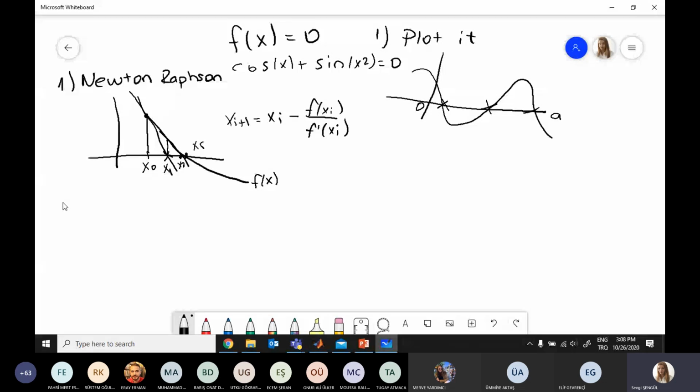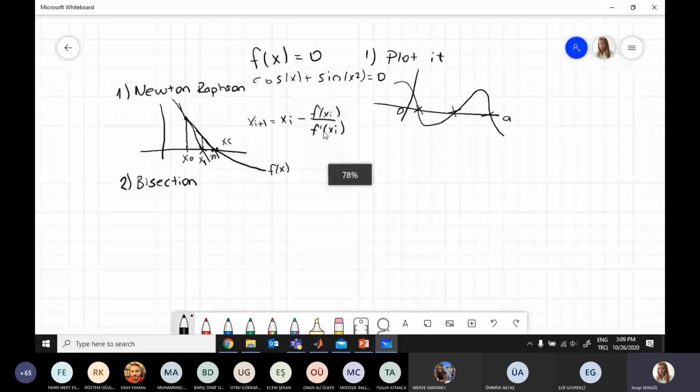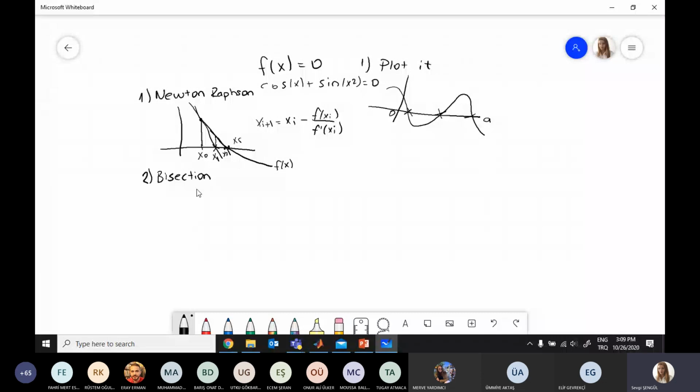And the second method was the bisection method, if you remember that. And for the bisection method, it was using the intermediate value theorem.